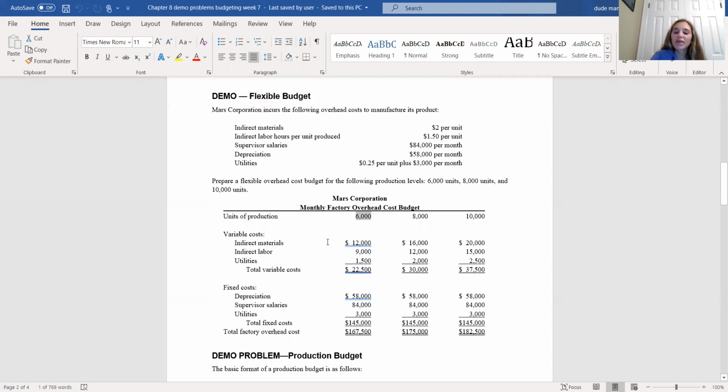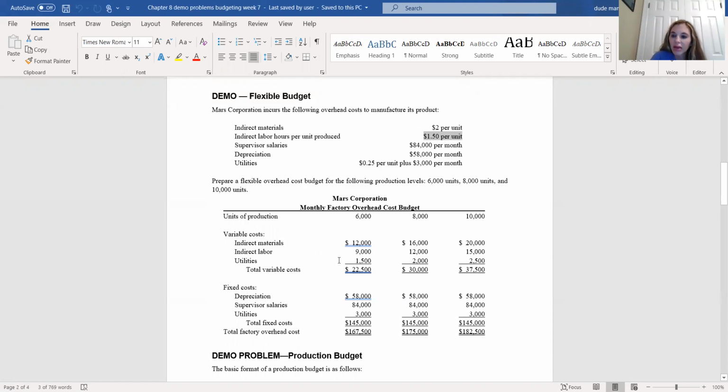We would do the same thing for every different production level. And it's really a matter of just taking the unit cost. For example, for labor, we would take the 150 times the 6,000 to give us the 9,000.